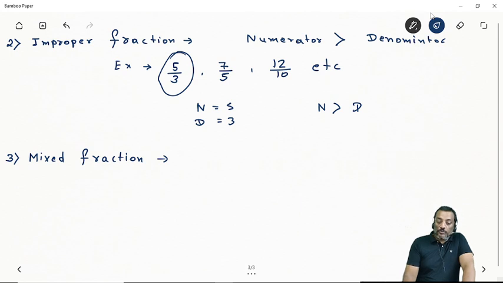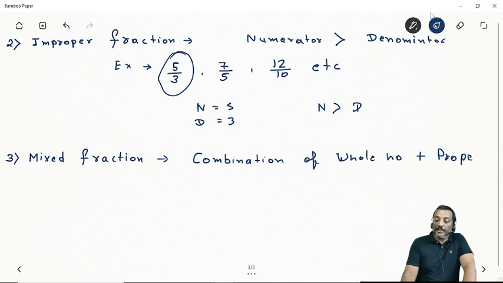Okay, so a mixed fraction, if I say, is a combination of whole number and proper fraction. Okay, so any fraction where you get a whole number and a proper fraction, that will be considered a mixed fraction. Let's see examples.